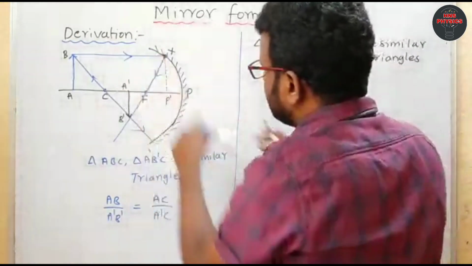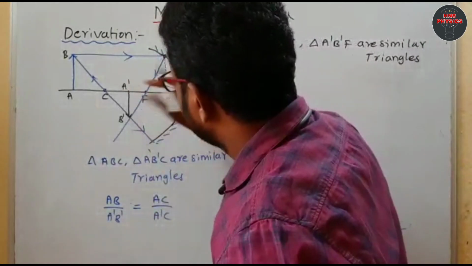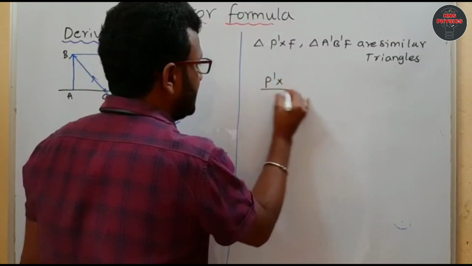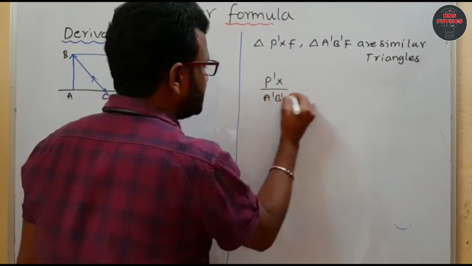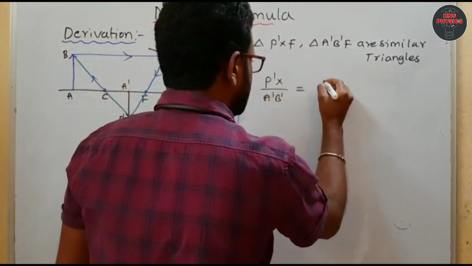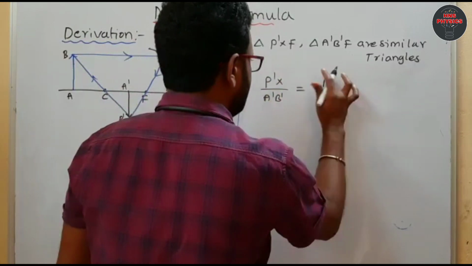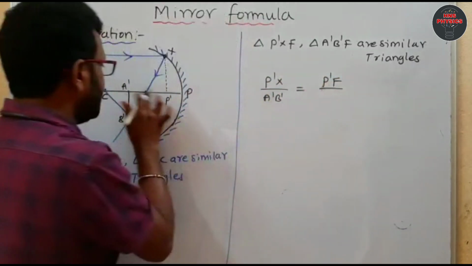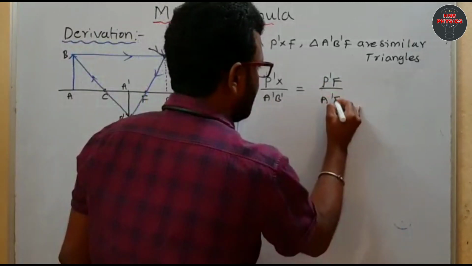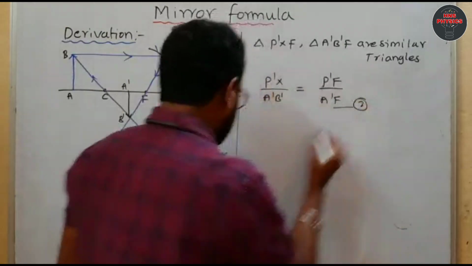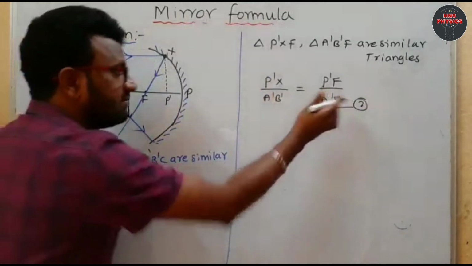What are the corresponding sides here? P dash X by A dash B dash is equal to P dash F by A dash F. Now this is equation 2. Consider this as equation 1 and this as equation 2.